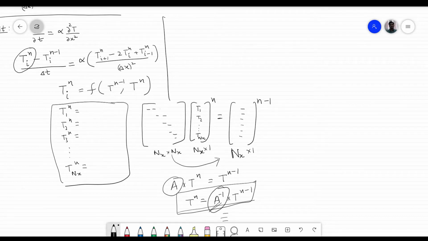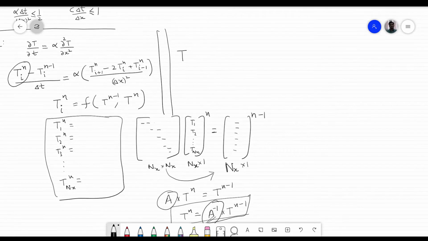So we already wrote this. We can also write the explicit way of writing this, which is because Tin is the unknown here in the explicit method.